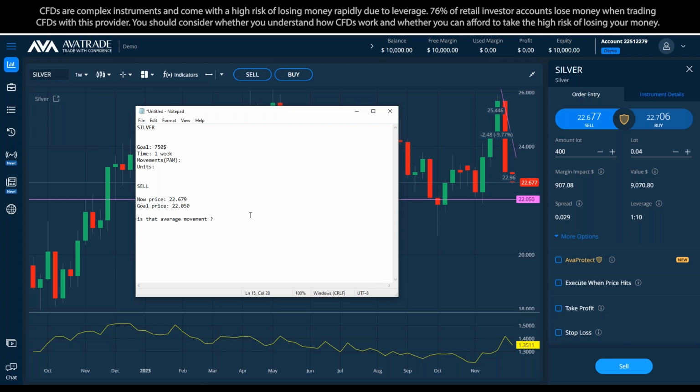So tell me, is it in the range or is it out of the range? In here, we have approximately this much, versus the average, which is... what do you think, guys? Is it in the range or out of the range?